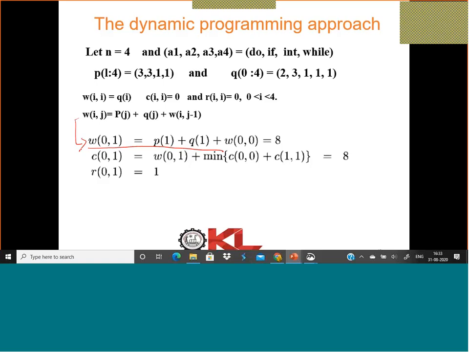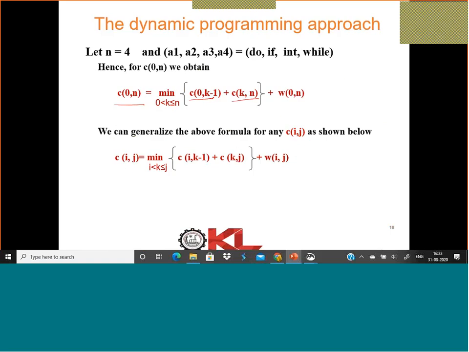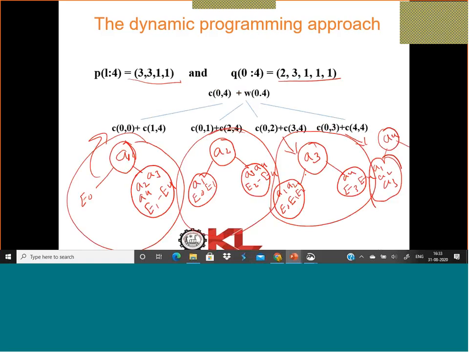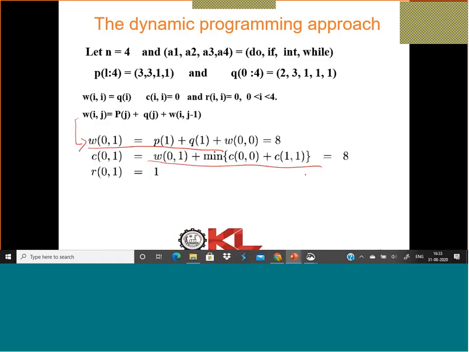Similarly, the cost of 0 comma 1 is given by the formula, which is already there. If you want to look at the formula, it is this one. For every value you need to compute it.